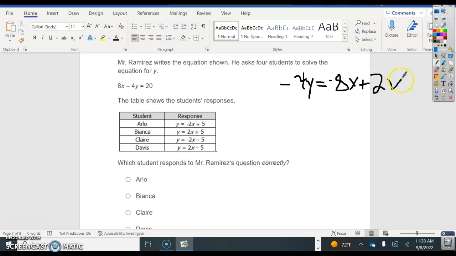All right, now to finish this, I'm going to divide everything by negative 4. So if I divide everything by negative 4, I can see that it's going to be 2x. If I divide 20 by negative 4, that is negative 5. So Davis would be the correct answer here.